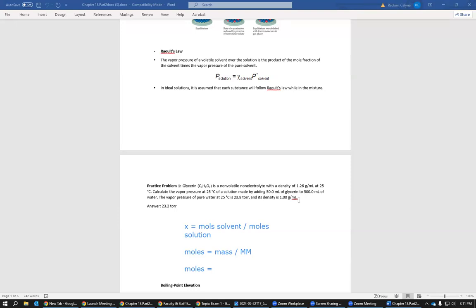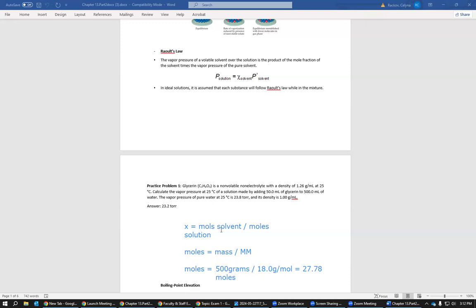So if you convert it from milliliters to grams, you have 500 grams, right? Divided by the molar mass of water. So I have 500 grams of water divided by the molar mass of the water, that is 18 grams per mole, right? And that's going to be equal to 27.78 moles.